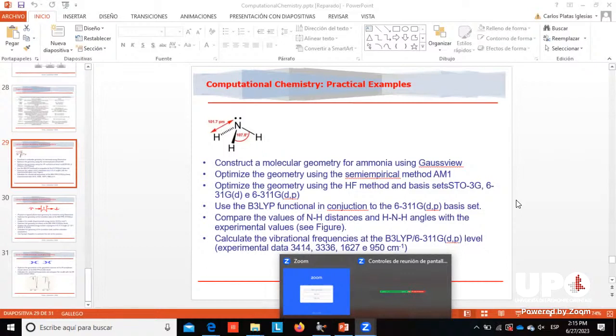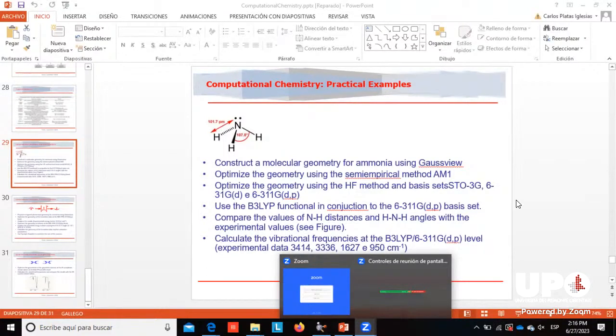One is Gaussian, which is a commercial program, actually. You will use an old version of the program. It's Gaussian 09, from which I have the license. And then we will use a second program, which is Gauss View, which is associated to Gaussian. It's basically used to prepare the calculations that we are going to run and visualize the results.